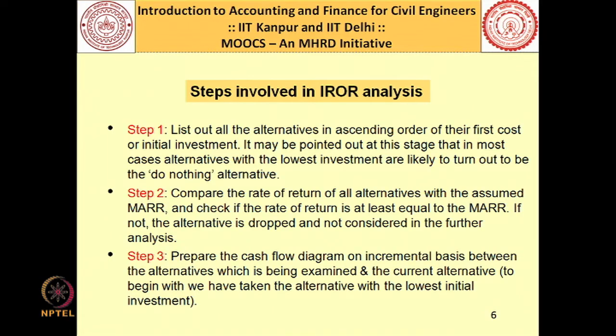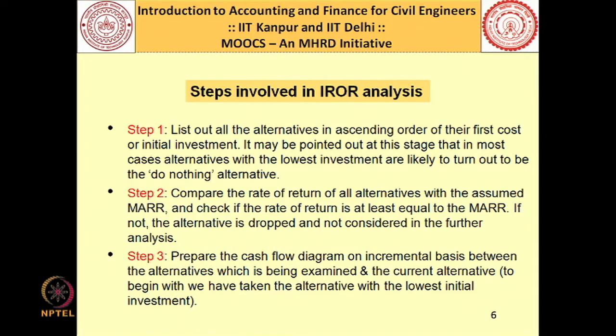In case you find the IRR is greater than minimum attractive rate of return, this alternative will go into the second stage of analysis. However, if I find that internal rate of return is less than the minimum attractive rate of return, then this alternative does not go in the second step of analysis, right.